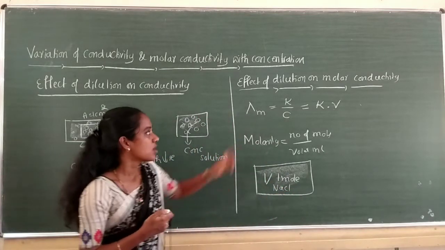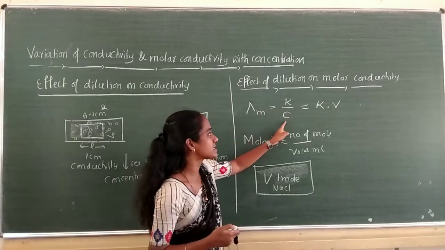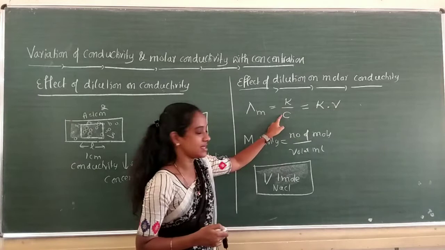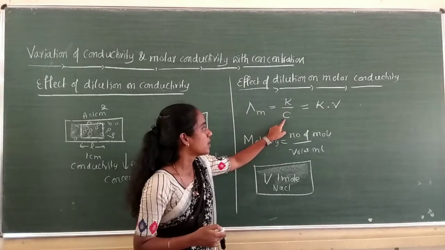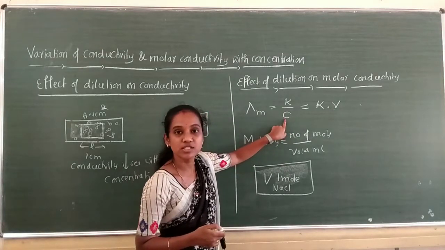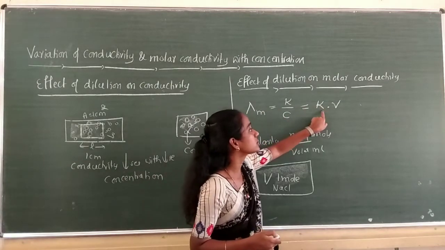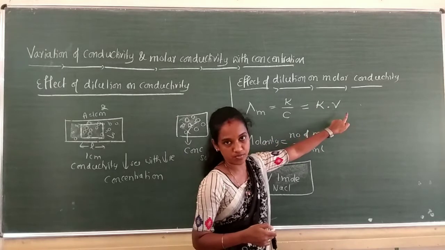Molar conductivity is K by C, which is equal to K into V, where 1 by C, the reciprocal of concentration, we can write as volume. Therefore, lambda m is equal to the product of conductivity and volume.